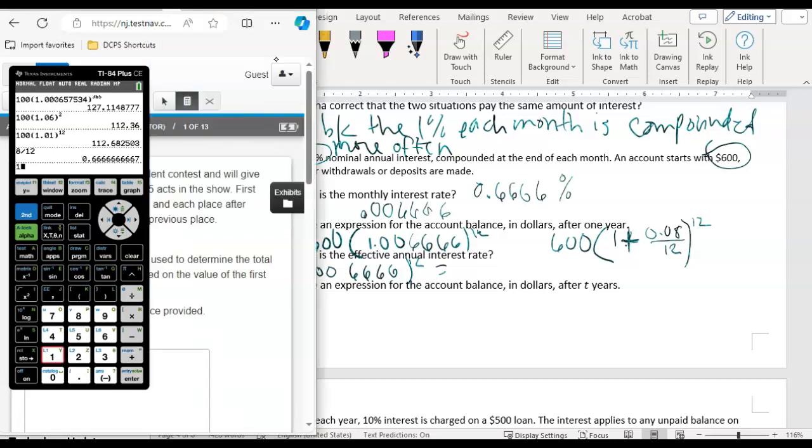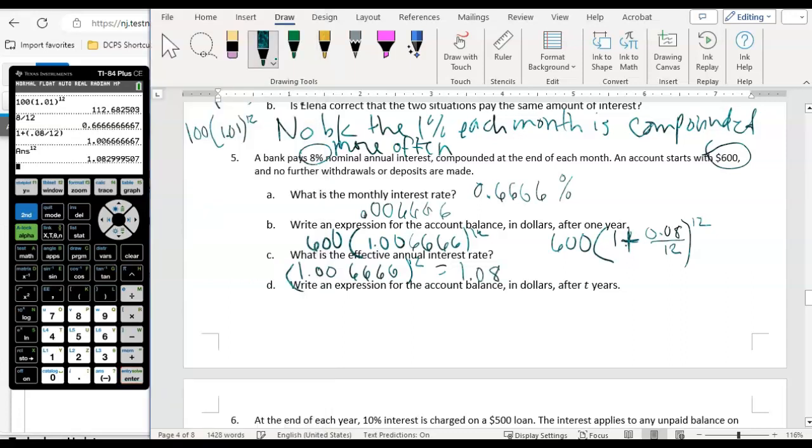So 1 plus 0.08 divided by 12, equals, and then we're going to do this to the power of 12, gives us 1.082, right? So then when we do that, we have 1.082999. The percent I'm looking at here is 8.29%, or maybe 8.3% if you wanted to round up.